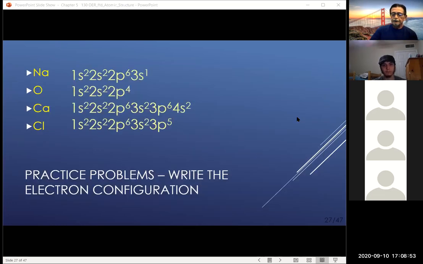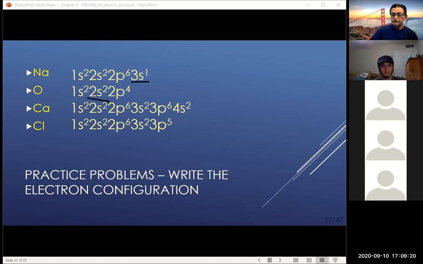Okay. This is a demonstration of the electron configuration of sodium, oxygen, calcium, and chlorine, okay? That shows you where the electrons are. Sodium we just did. Sodium has its valence shell, that 1 electron all by itself, in the 3rd energy level, okay?